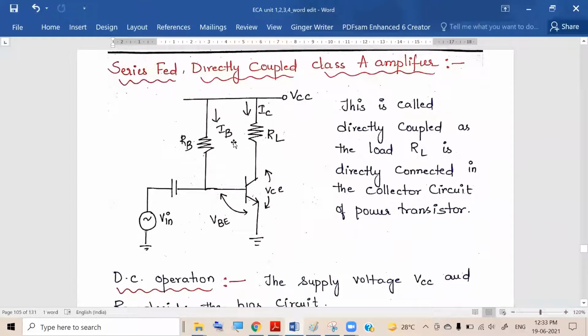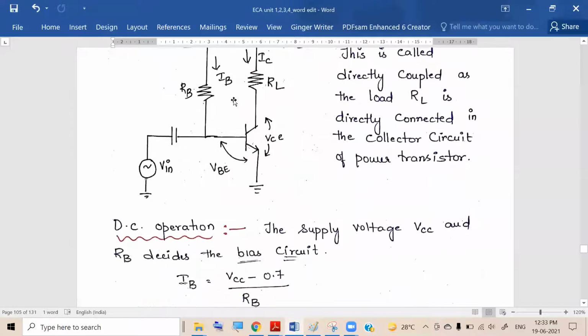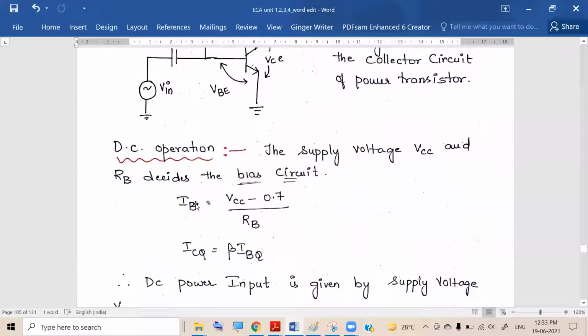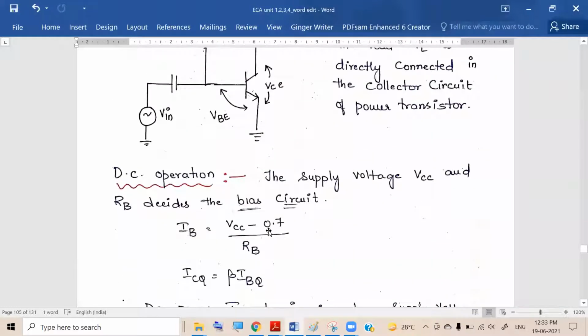In that, first the IB is kept constant by adjusting RB, right? Because IB is VCC minus 0.7 by RB. VCC is again a fixed value, usually 12 volts.